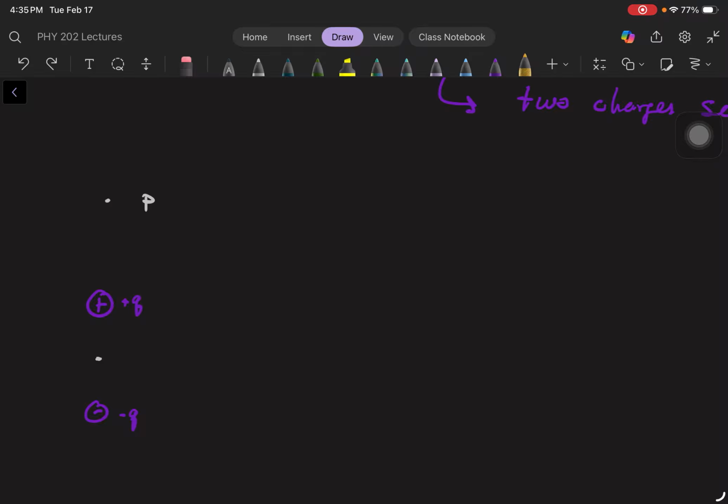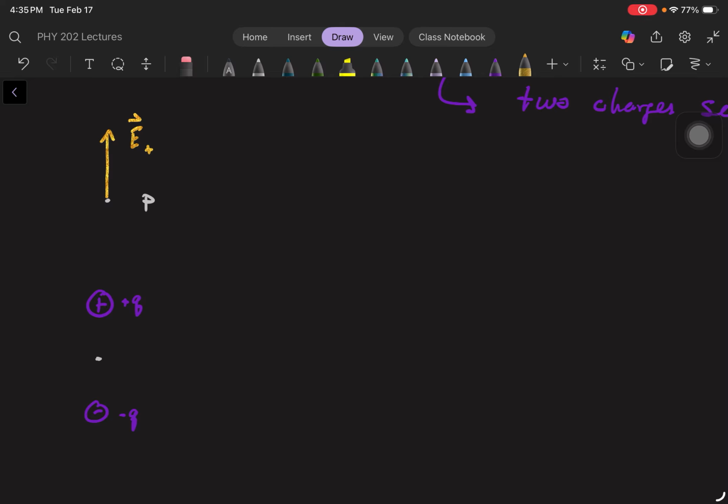So if we want to look at the electric field line due to positive Q at point P, we can have it pointing in this direction. I'm going to remove these dashed lines because this is about to be everywhere. And so we can label this as the electric field from the positive charge.